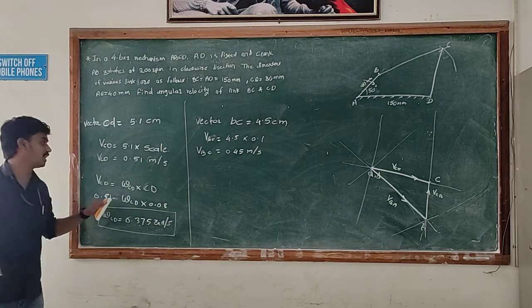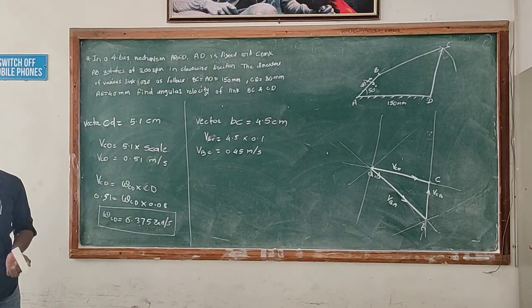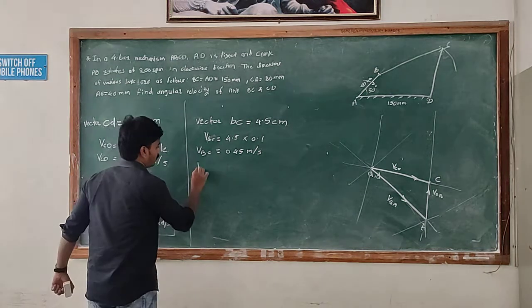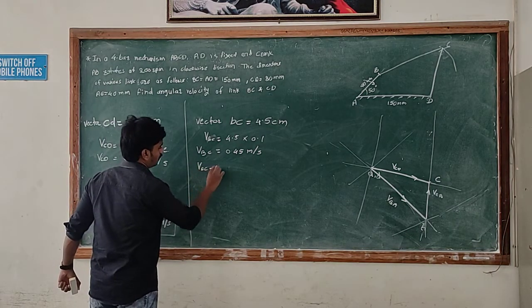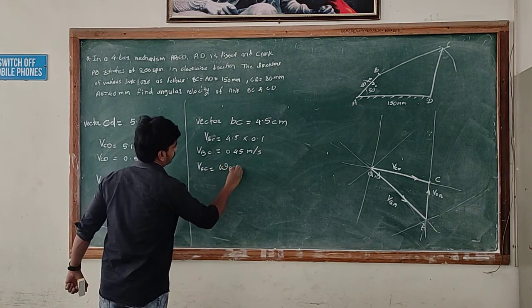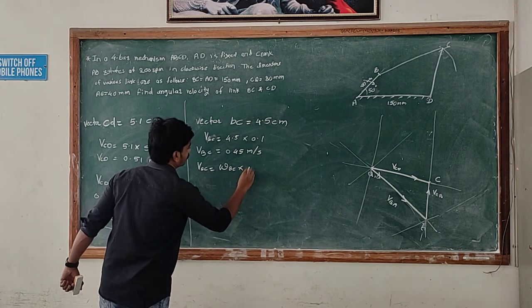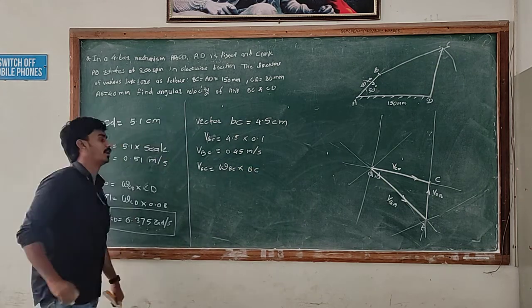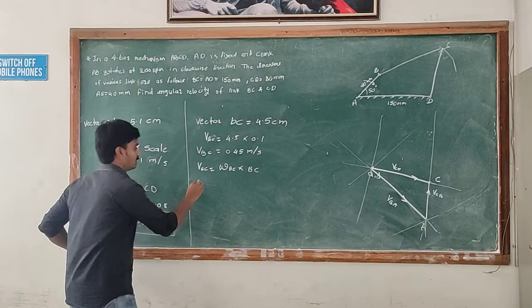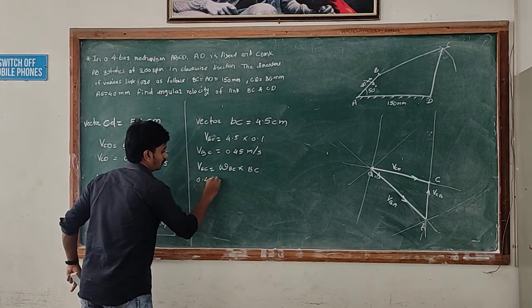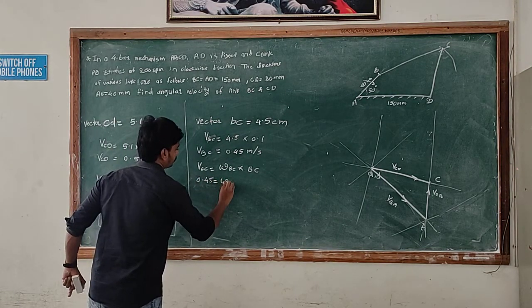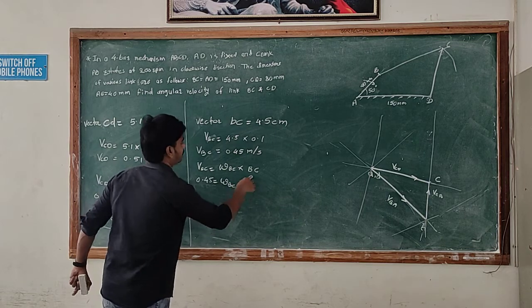Similarly, we convert this linear velocity into angular velocity. The formula is omega of BC into distance BC. This is 0.45 equals omega BC into distance BC.